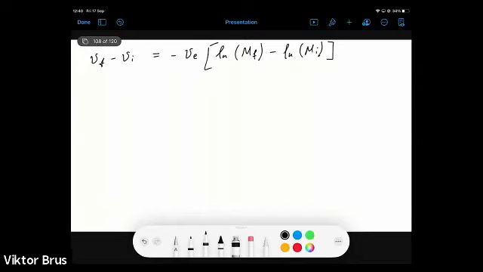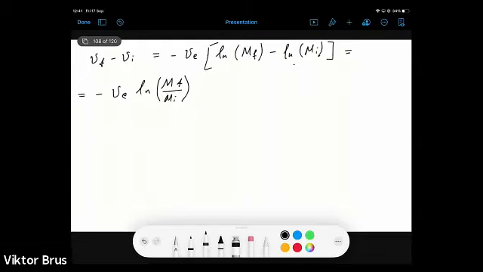So if you remember the properties of logarithms, the difference between logarithms is equal to the logarithm of the ratio. So then we can write minus V exhaust times natural logarithm of M final divided by M initial.